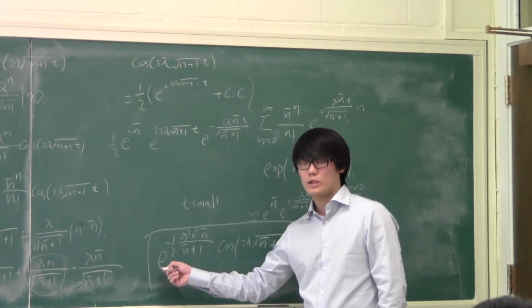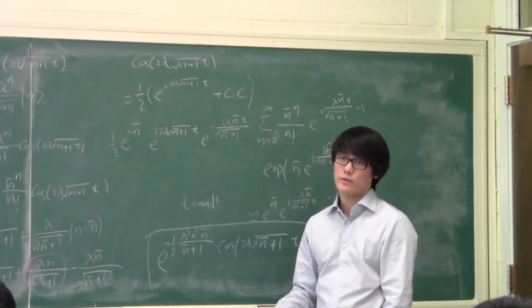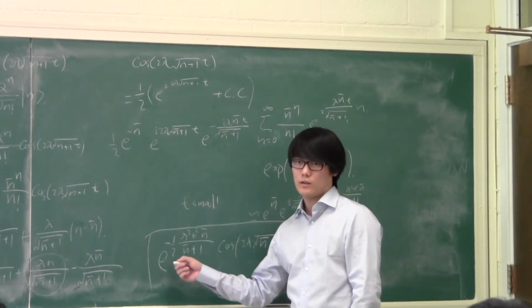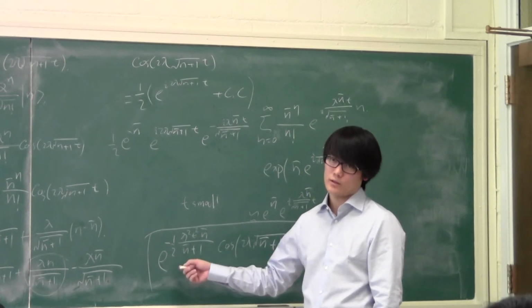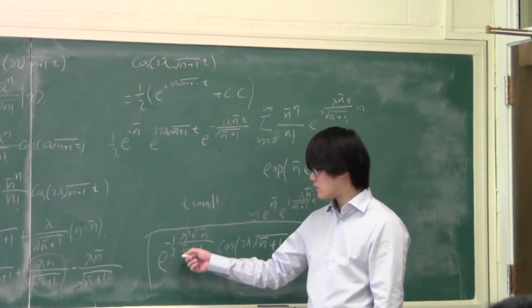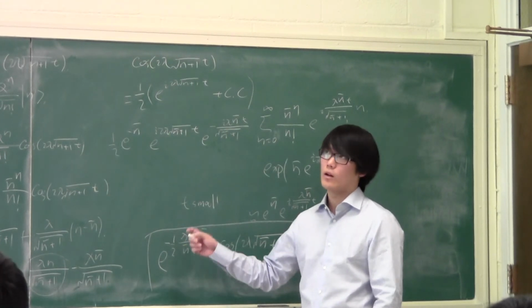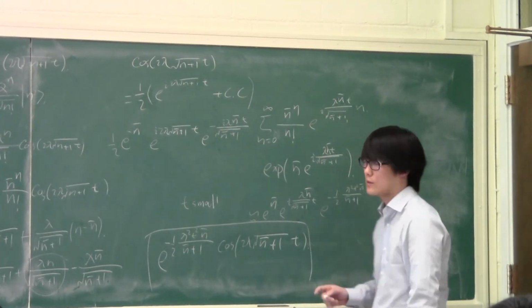So we can look at the first collapse time by looking at when this exponential factor gets small. If you remember, if you write this as a Gaussian, there's a lambda squared t squared, and then there is a sigma, the standard deviation for the Gaussian.